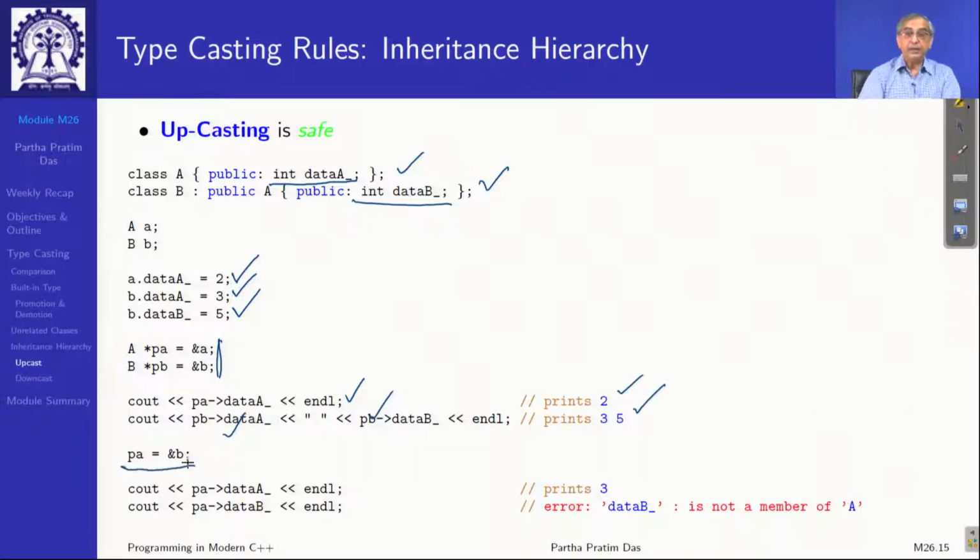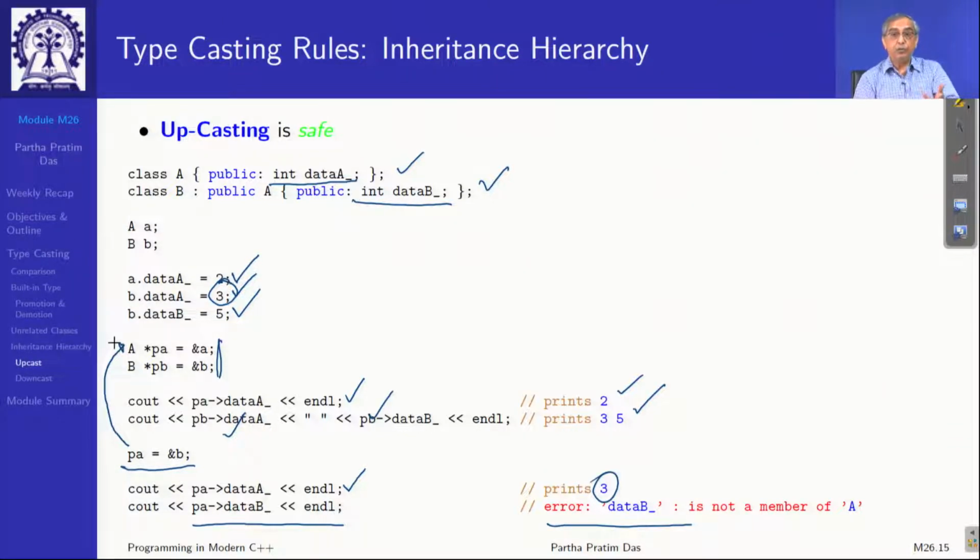If I do this, then on the right hand side I have an address of a B object, and I am taking that to be an A object. So, what I will be able to do is I will be able to print the A part of it, that is this 3. But if I try to print the B part, I will get a compilation error, because PA is of type A class.